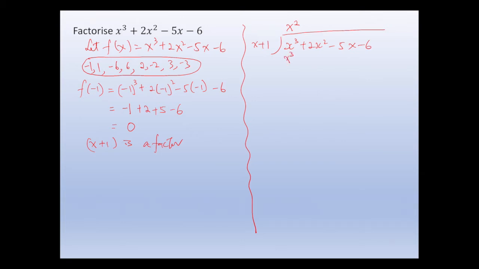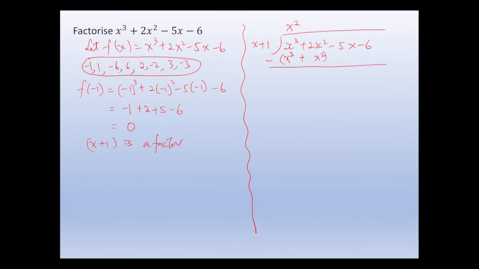We know that in order to get x cubed, x has to be multiplied by x squared. So we'll have x squared here. x squared times x will give me x cubed. x squared times plus 1 will give me x squared.